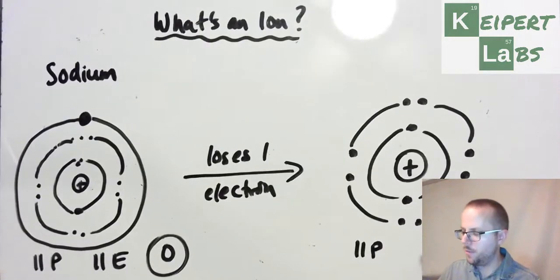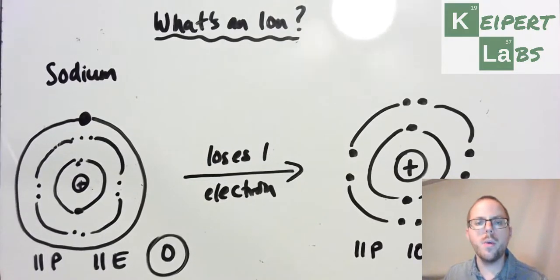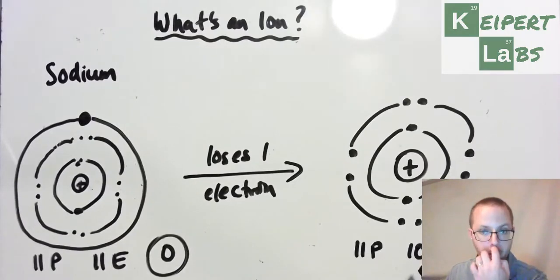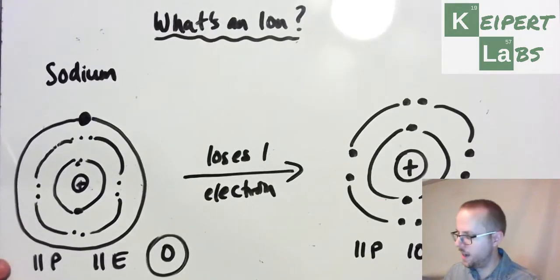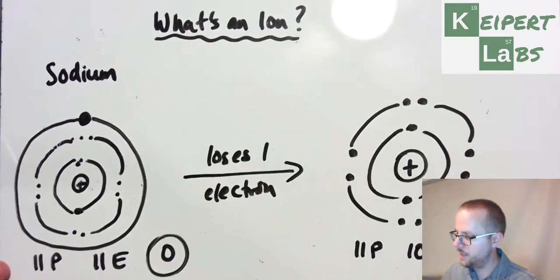But now, if we count them up, 2 plus 8 makes 10 electrons. Protons are positively charged and electrons are negatively charged, so we now have one less negative charge than before. That is to say, we've got 1 more positive than negatives. So this atom now has an electric charge of +1.